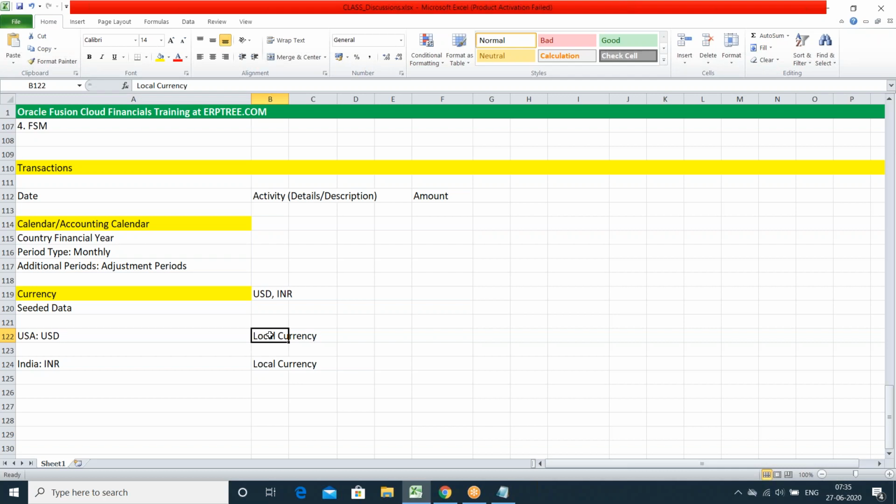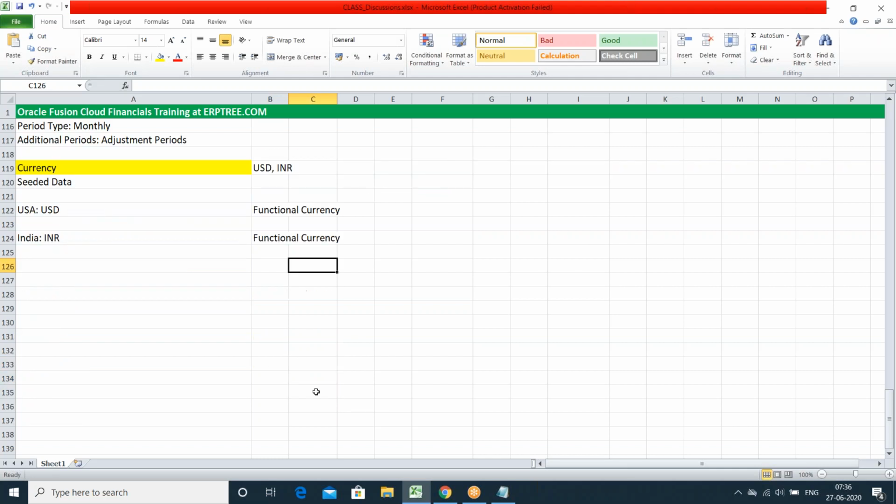The local currency we can also call the functional currency. The USA's local currency, USD, is the functional currency, and India's local currency, INR, is the functional currency.